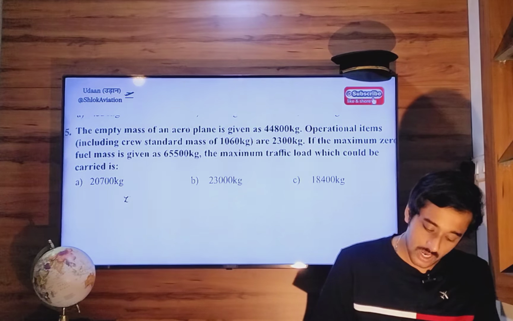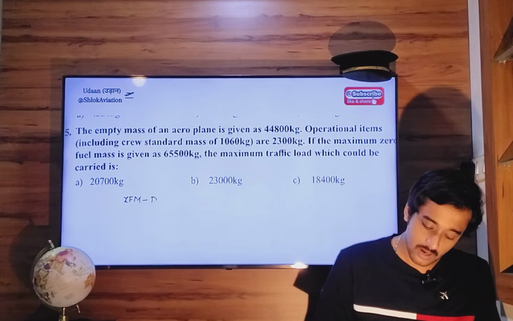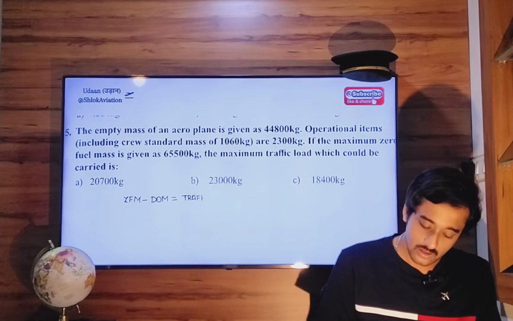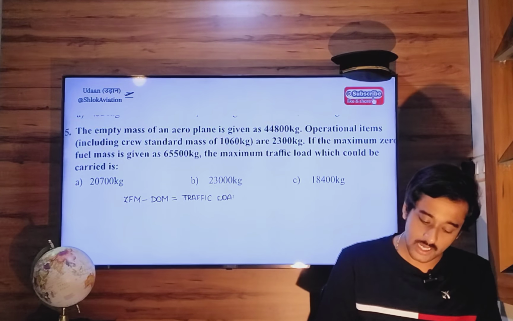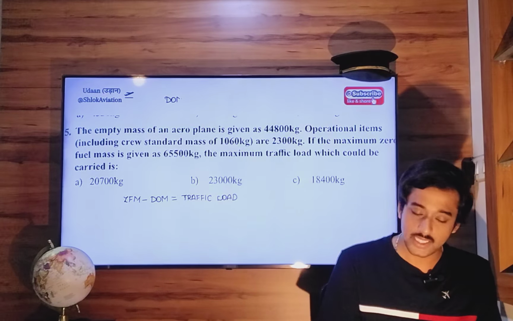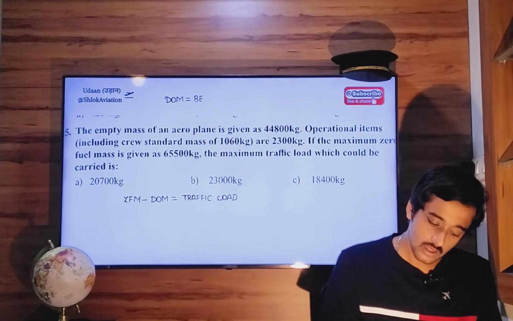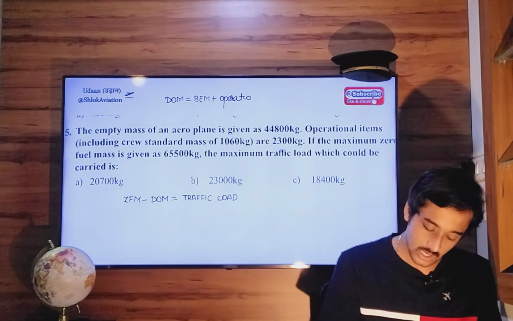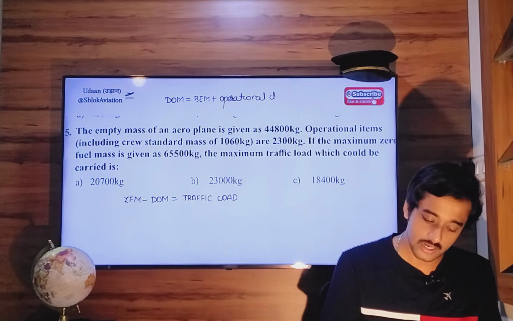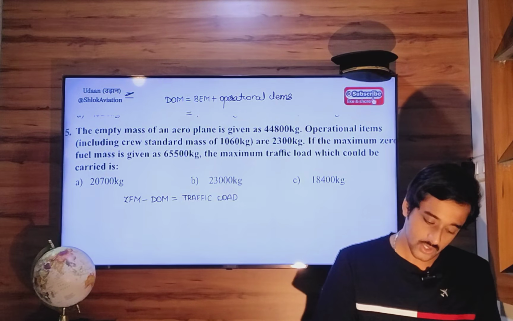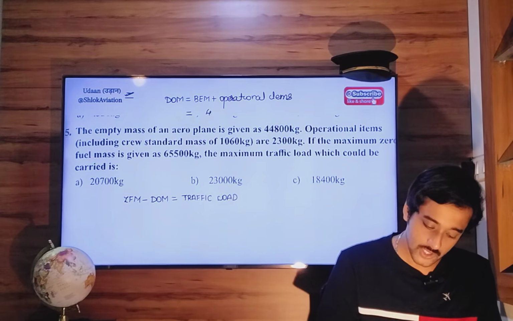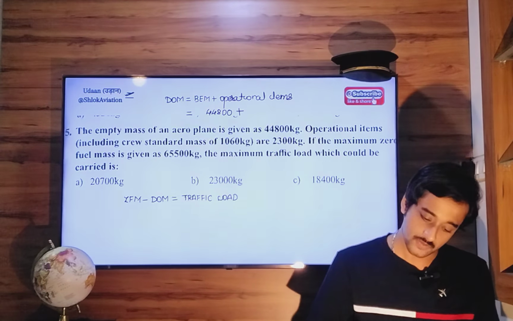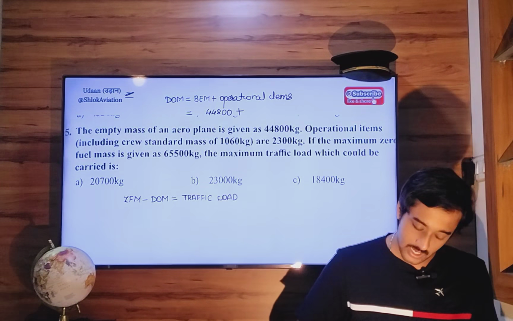So zero fuel mass minus dry operating mass equals traffic load. Now what is the dry operating mass in this question? It is basic empty mass plus operational items. So basic empty mass is 44,800. Operational items 2,300.